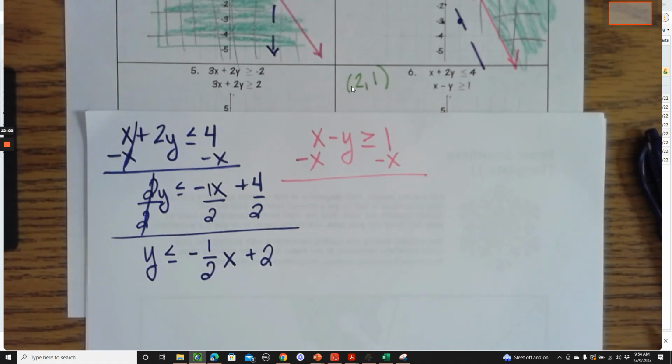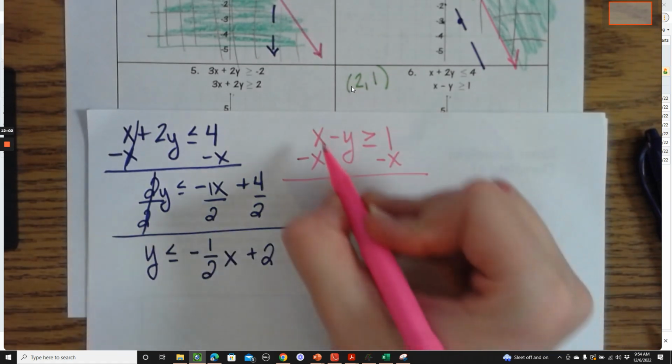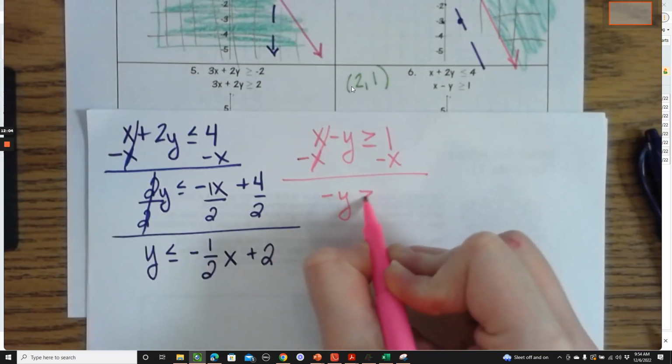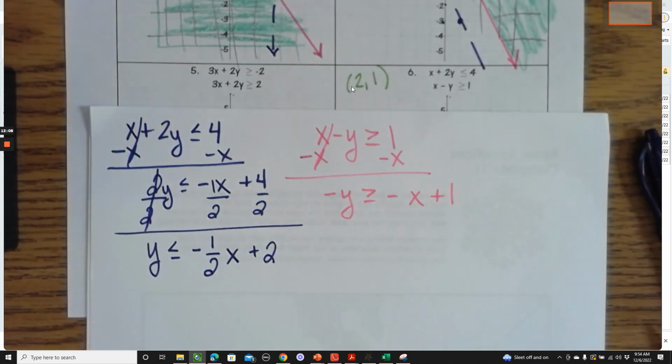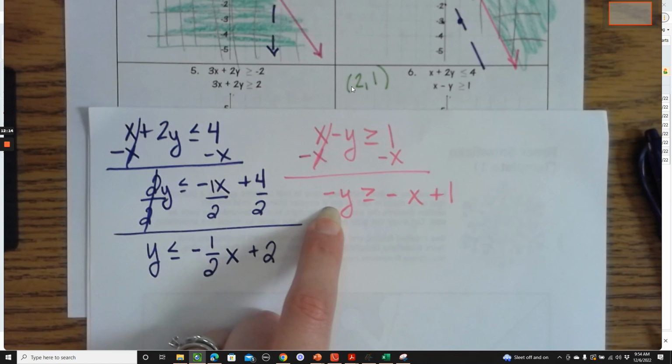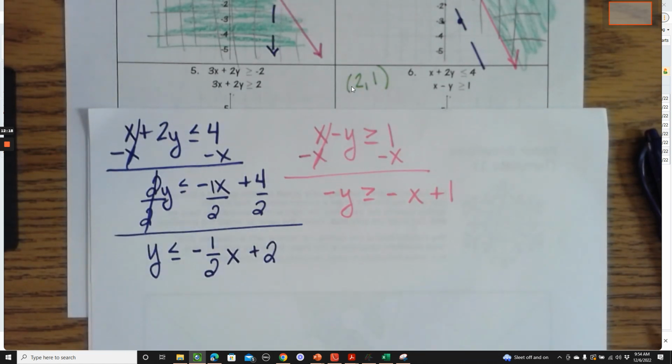Subtract the x from both sides. So this cancels. Now, is the y by itself? It can't be negative. So how do we get rid of that negative?